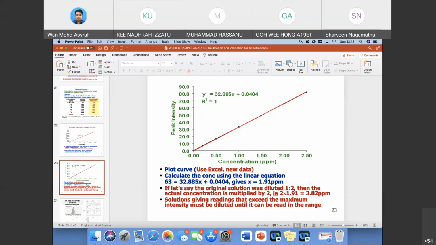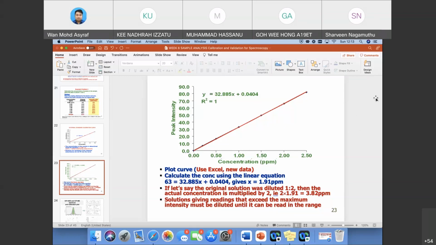So what I want to show you guys is that whatever analysis you do, it needs to be in your linear range. Your signal from your unknown must be in your linear range for you to be able to use this equation. So your analyte must be between 0 until 82 only.